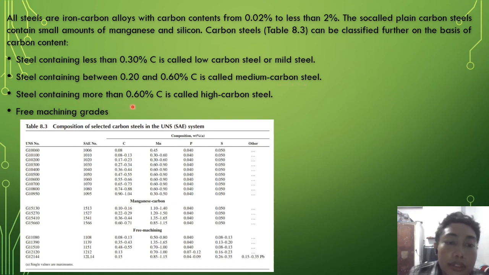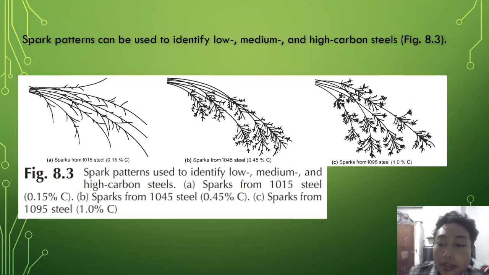Steel containing more than 0.60% C is called high carbon steel. This is Table 8.3. The spark test can be used to distinguish low, medium, and high carbon steel, like picture 8.3.